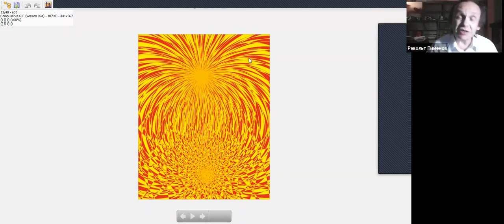You can see, it is a result of easy procedure in Corel Draw. I take 4 circles and do composition inversion about these 4 circles.